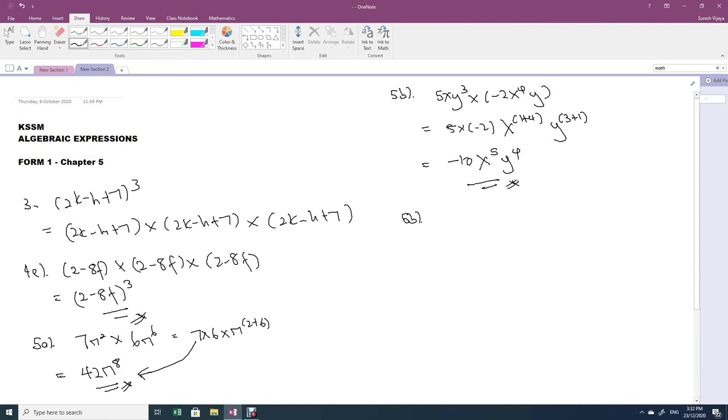So let's move to another question, which is 5c. We have 2 over 3 ab times 9a to the power of 3 bc to the power of 2.